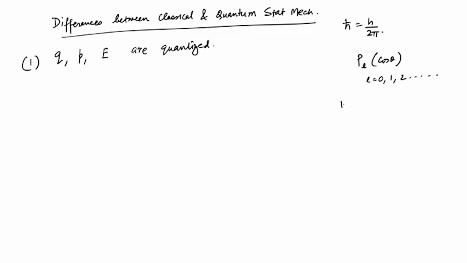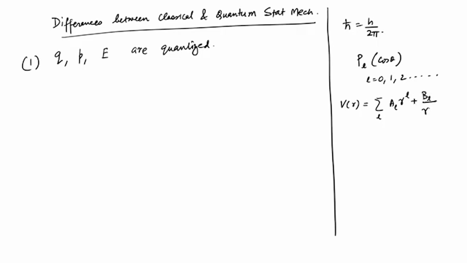So, for example, your V of r, by solving Laplace's equation, gives you some form, if I remember it correctly, like A_L r^L plus B_L by r^(L+1) and a P_L cos theta. And this is a solution for both the electrostatic potential and, if you are talking about a magnetic case, the magnetic scalar potential.